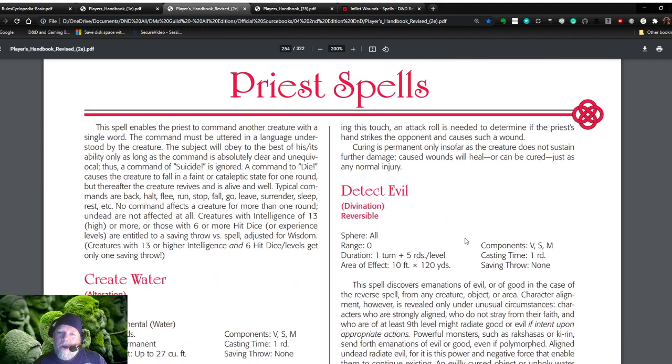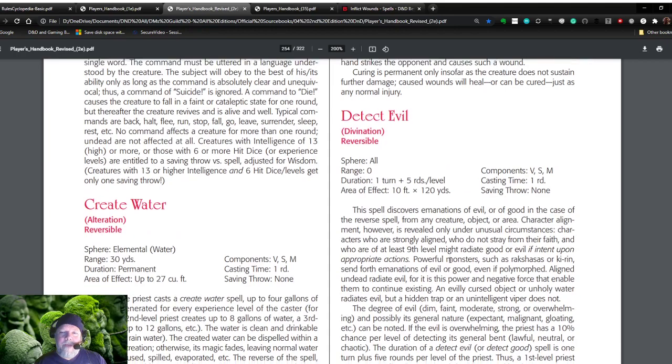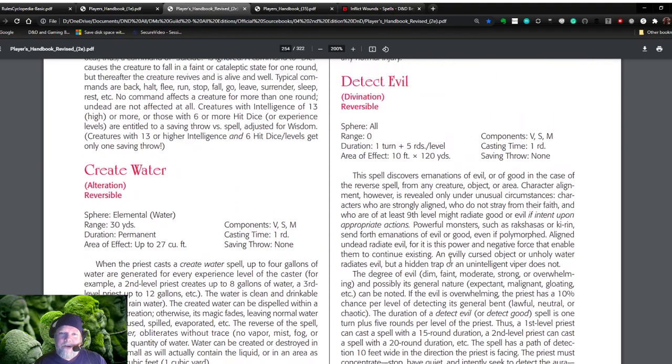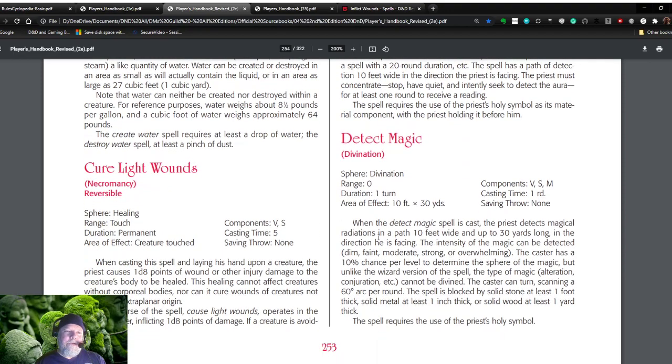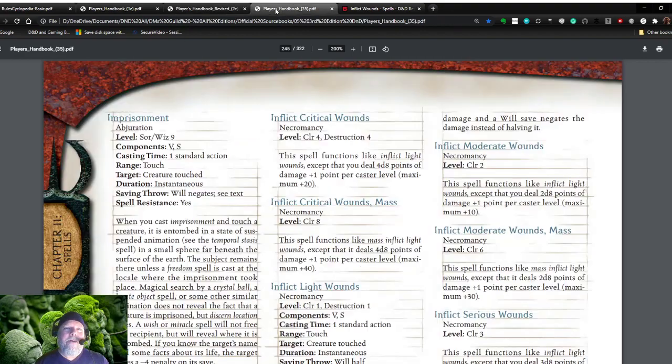Okay. Well, maybe I'm remembering this incorrectly. But what I was getting at is I was thinking that at some point they had ruled that if you use Cure Light Wounds on undead, it actually causes damage to undead. And if you use Cause Light Wounds on an undead, it actually heals damage on an undead. That's the thing I was thinking. Maybe that's not correct.